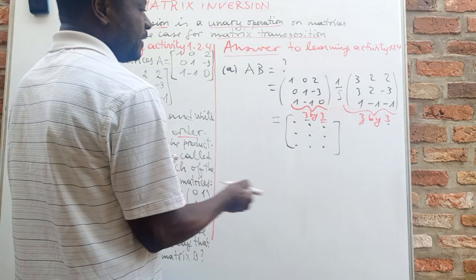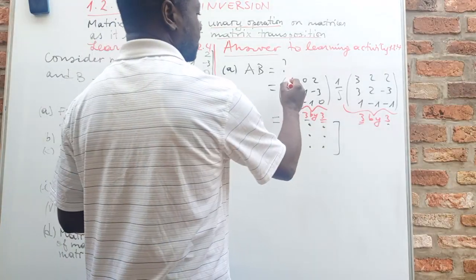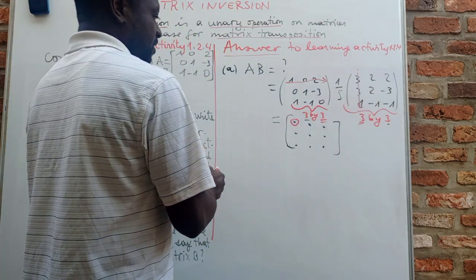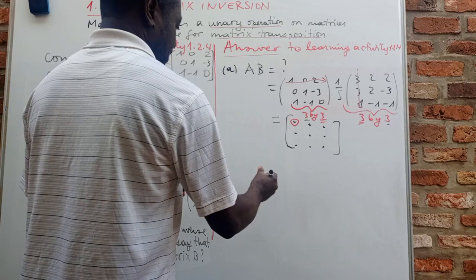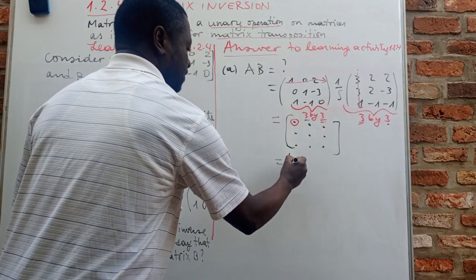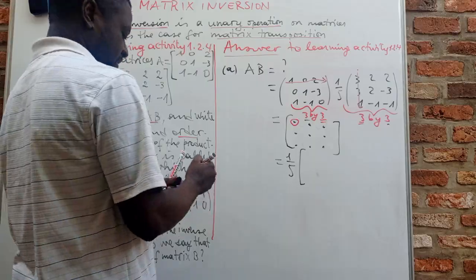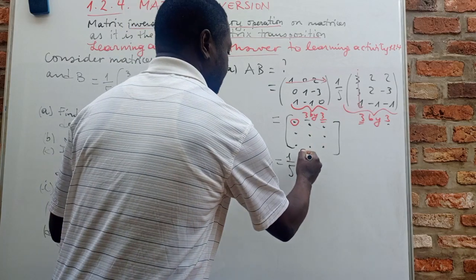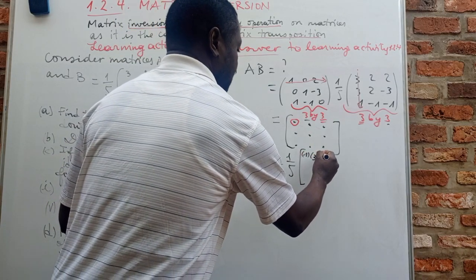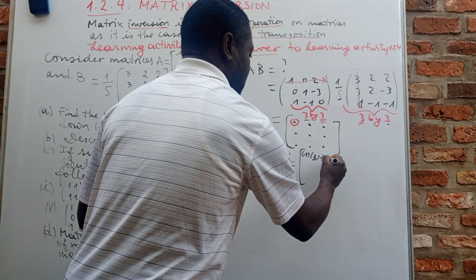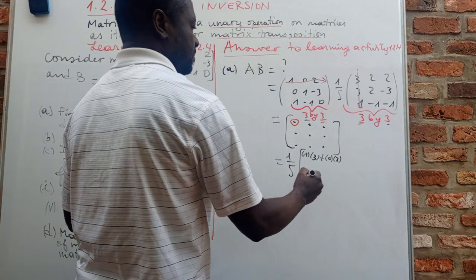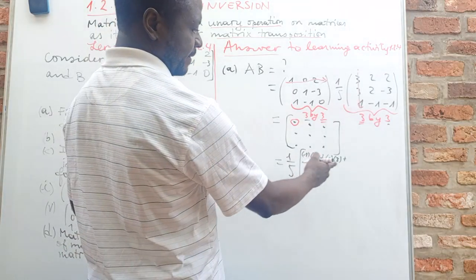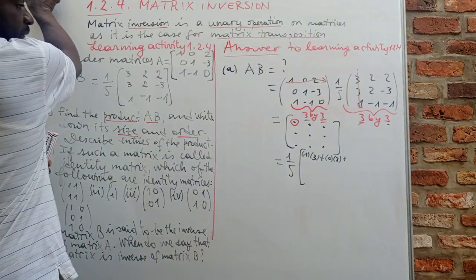Okay, so now in order to find this element, we take the first row multiplied by the first column. Of course, we can just factor out 1 over 5 and then find the first element. This is 1 times 3 plus 0 times 3 plus... Okay, we need more space here.